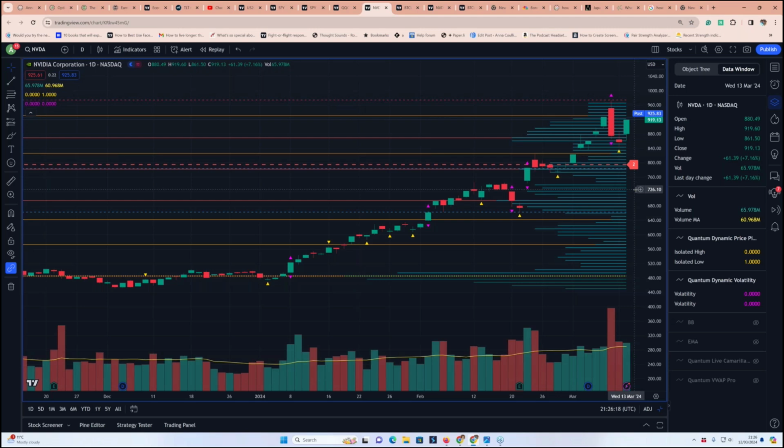Nvidia being Nvidia, and today's not terrible news on the CPI, what has actually happened is we have had an up candle with good volume, and you could say that we are seeing this very typical reversal pattern, this 3 candle reversal.